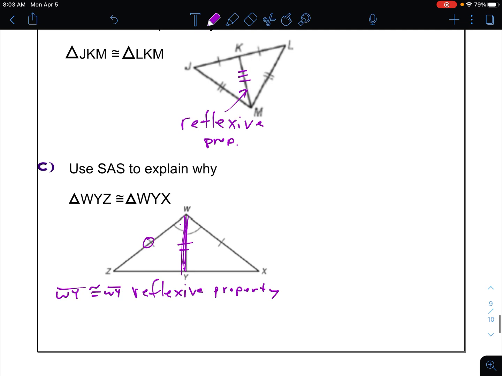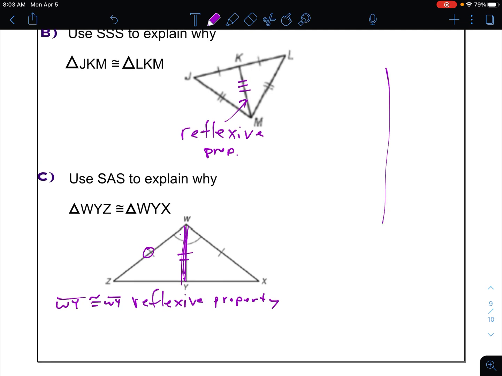So this is our beginning of setting up a 2-column proof, and on these two, all we would have is our statements and our reasons, and then we would just go through, list out all the things that we know, the reasons why, and hopefully we get down to the end.